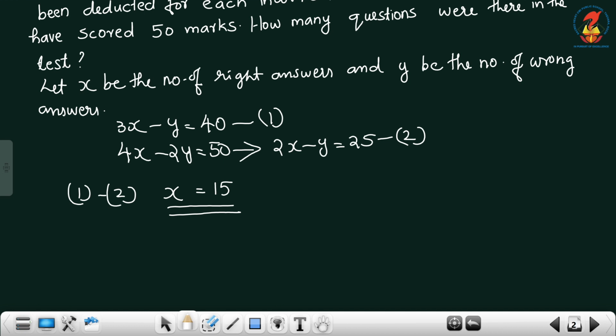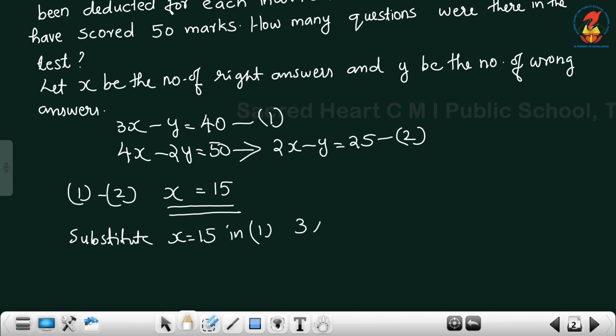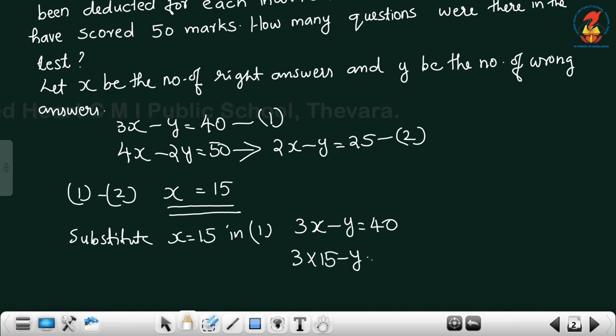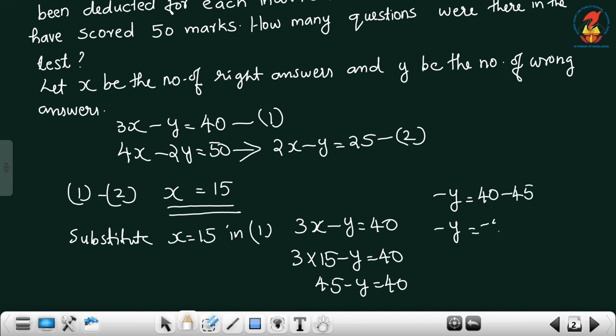Okay. Next, you substitute x equal to 15 in equation 1. 3x minus y equal to 40, 3 into 15 minus y equal to 40, 45 minus y equal to 40, minus y equal to 40 minus 45, minus y equal to minus 5, y equal to 5.